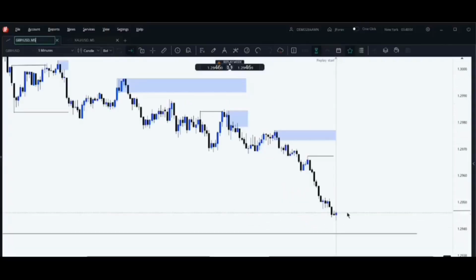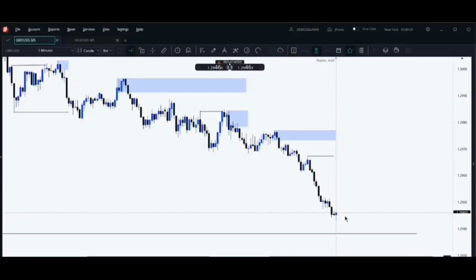Okay, I want to say something here now. At this level, we are pretty much close to the 1H change of character level. And at this point, I do not advise that we add any more position to the ones we have entered already.